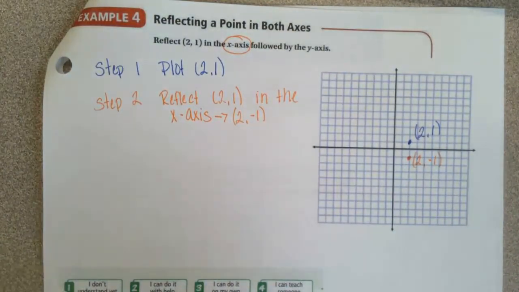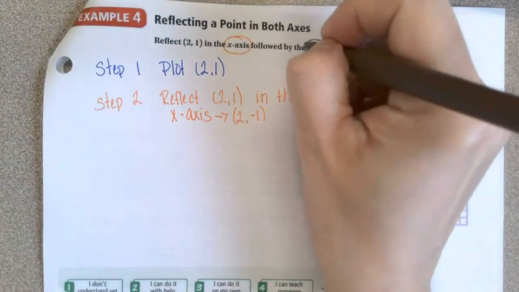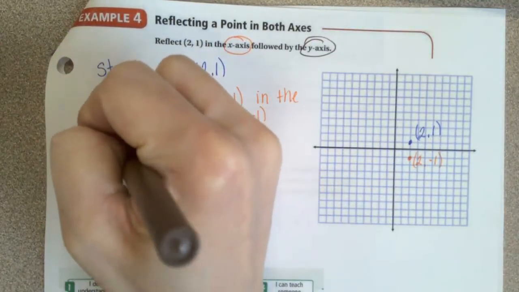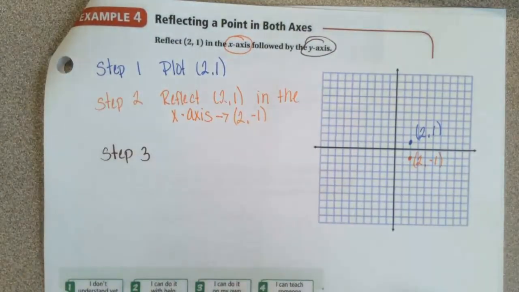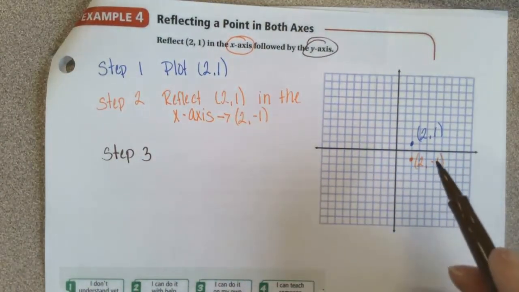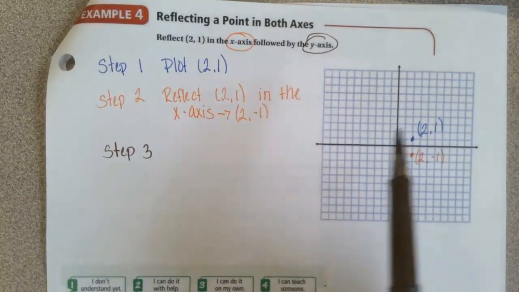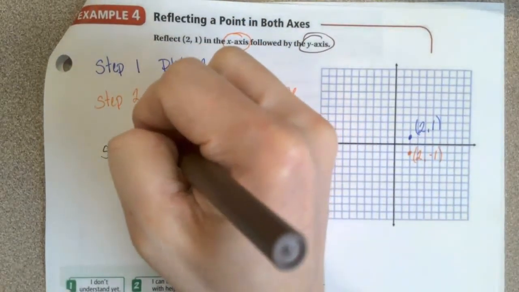Okay, and then lastly, we're going to go in the y-axis. So step 3. We're going to take that new point, not our old one, and go over the y-axis.